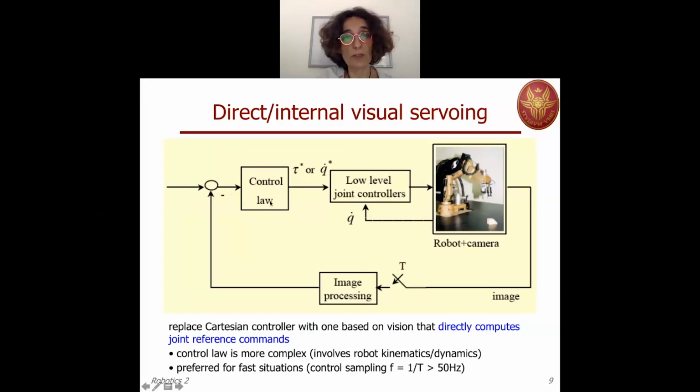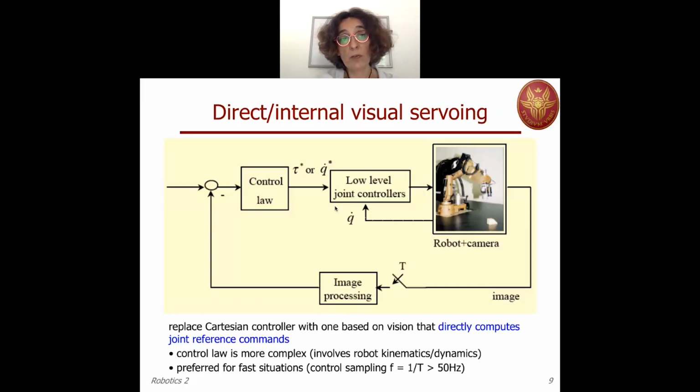It is this error that generates the control action, and the control action can be directly either reference joint torques or reference joint velocities. And here, as I said before, we have the very low level joint controllers, because in this control scheme we generate commands directly for the joints.